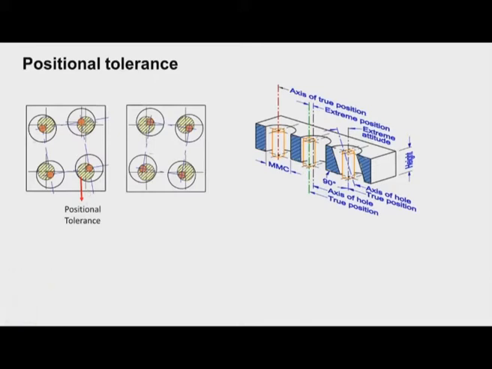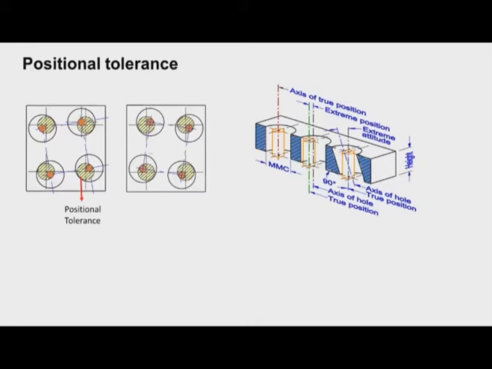So we have the hole that is to be drilled, and this is the positional tolerance for the center. Similarly, we have 4 holes, and depending upon how the center of each hole varies, we may get patterns like this. And then sometimes height is also important.